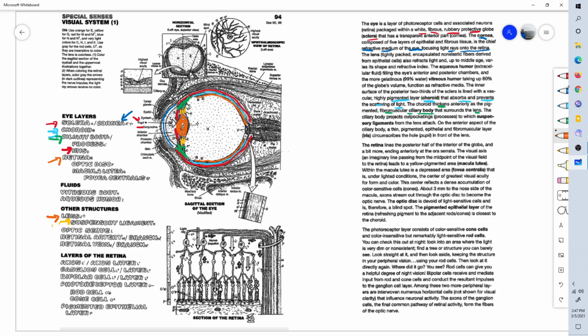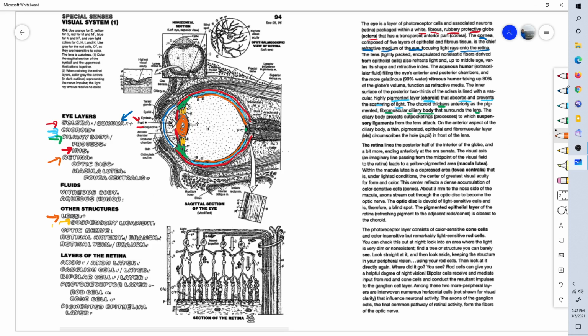The optic disc is an area right here where there is a blind spot. And it's because it's the area where the optic nerve here enters. I should make it orange.